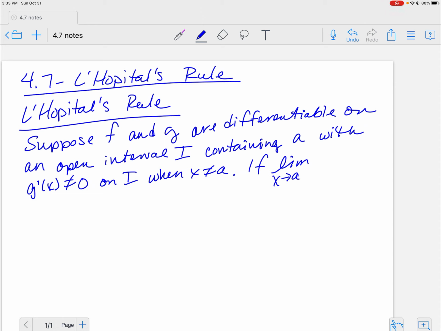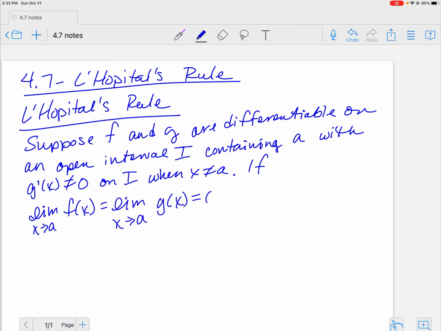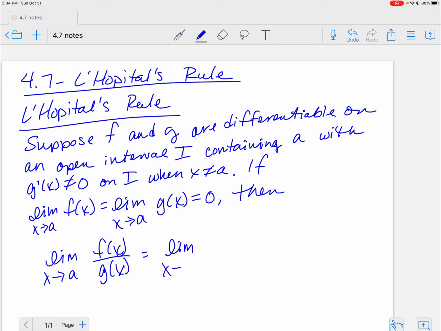maybe of f of x is equal, now I'm going to take it down to this next line, sorry, because this is going to be a little bit longer. So if the limit as x approaches a of f of x is equal to the limit as x approaches a of g of x, which equals 0, then the limit as x approaches a of f of x over g of x is equal to the limit as x approaches a of f prime of x over g prime of x.